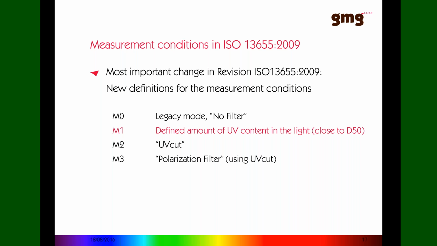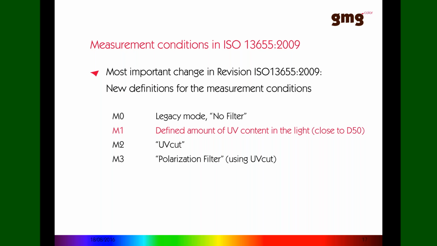So all the new standards that are coming out, for example, FOGRA 51, FOGRA 52, also the newer US standards, they are based on M1 measurement data with the defined UV content to be much closer to what we actually see under the new norm light. Then in this norm, there's also M2 measurement condition defined. So M2 means UV cut, but now with the revision 2009, the wavelength of the UV cut filter is also clearly defined. And then there's also the M3 measuring condition that's basically with a polarization filter and also UV cut.